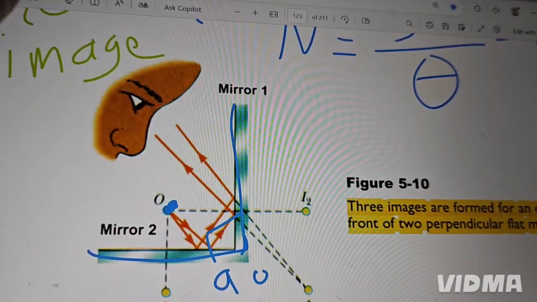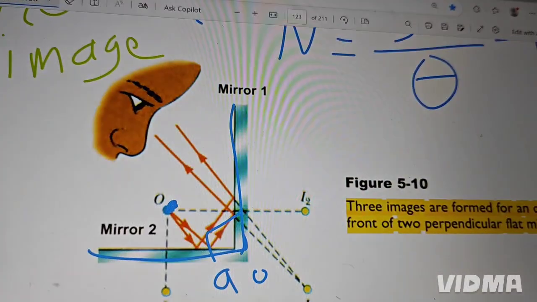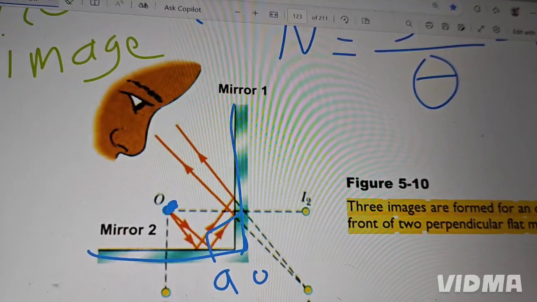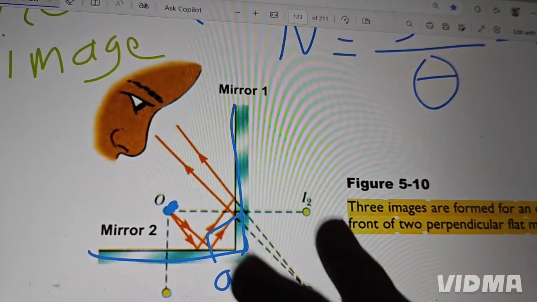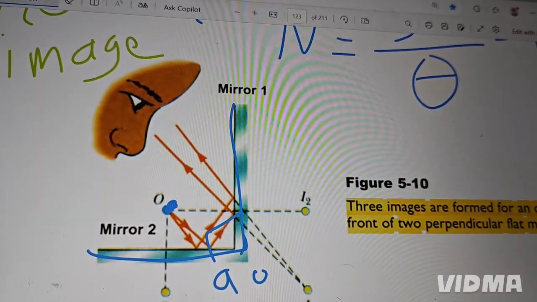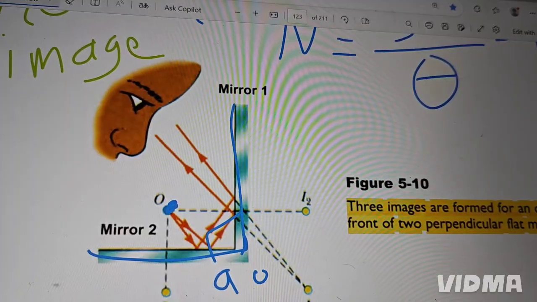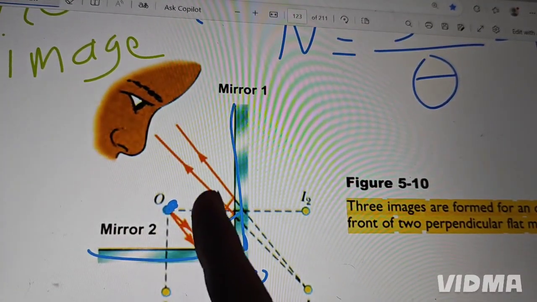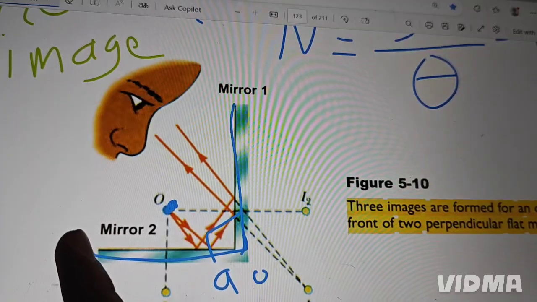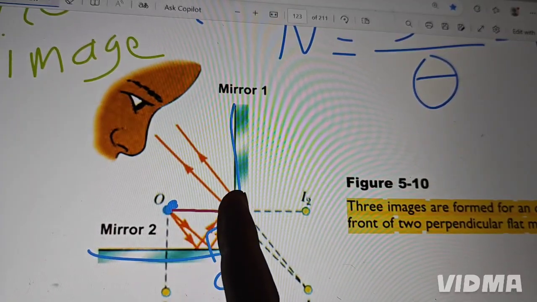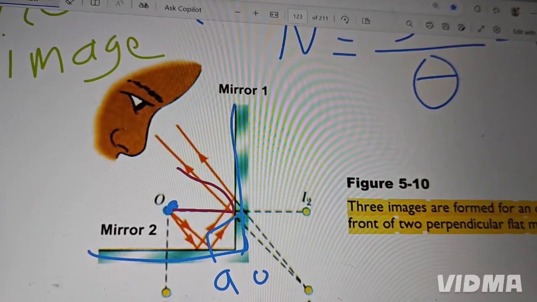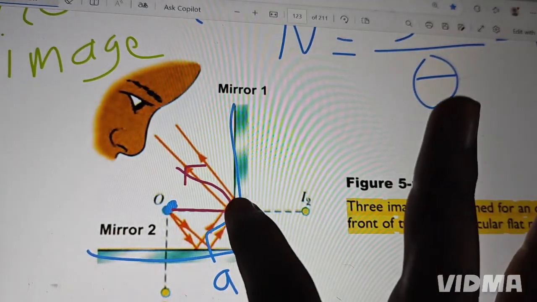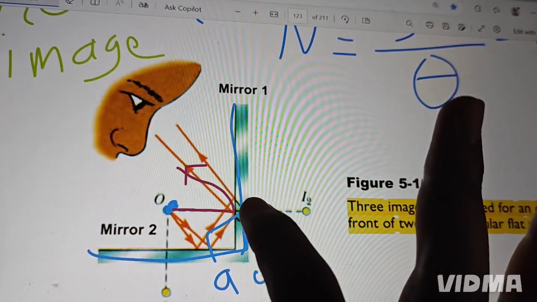And I told you, every object radiates some light. Some light comes out from the source. For example, the first light comes out in that direction and is then going to be reflected at this point, because this is the hitting surface.